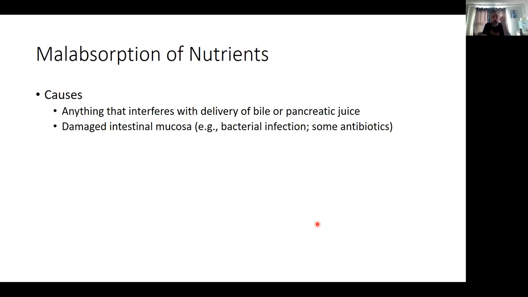If we can't deliver bile or pancreatic juices, right, so that duodenal papilla gets clogged or what have you, then we're out of luck, particularly with fats. Or if the intestinal mucosa itself has a bacterial infection, or ironically enough, some antibiotics can also damage it. If that gets broken down in the space between when it's damaged and when it gets repaired, you can't absorb anything.